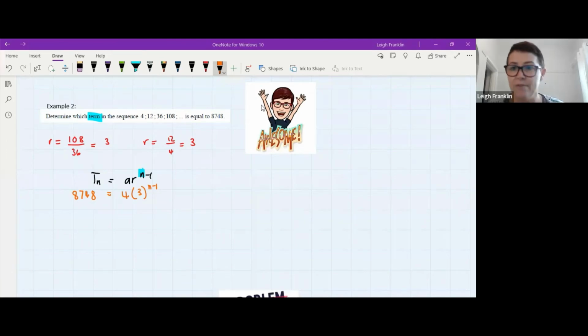Now the very first step, as we discussed previously, I'm going to ask Andile. Andile, what is the first thing that we need to do to both sides? Divide by 4. Perfect. So we're going to divide 8748 by 4.